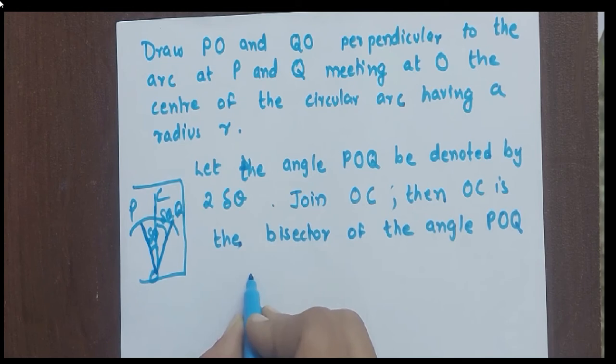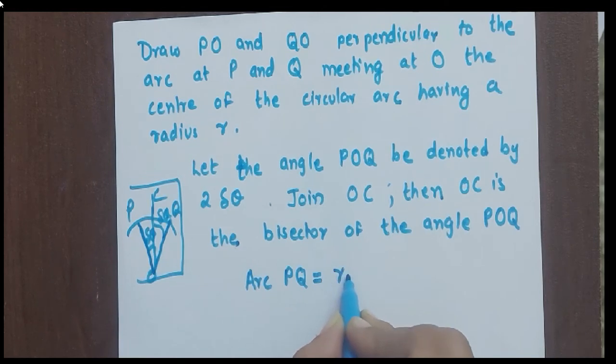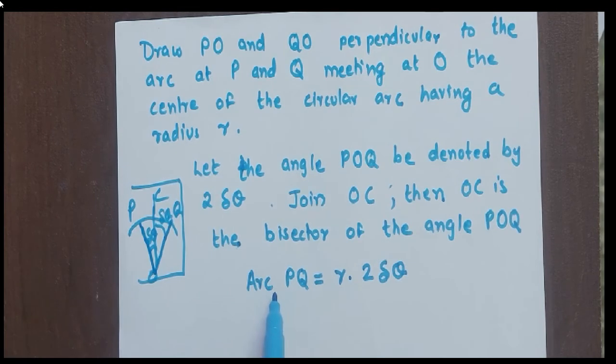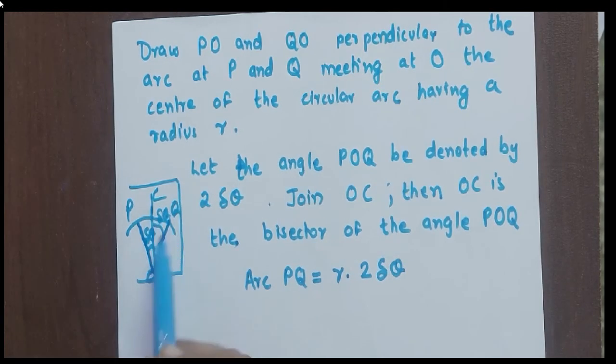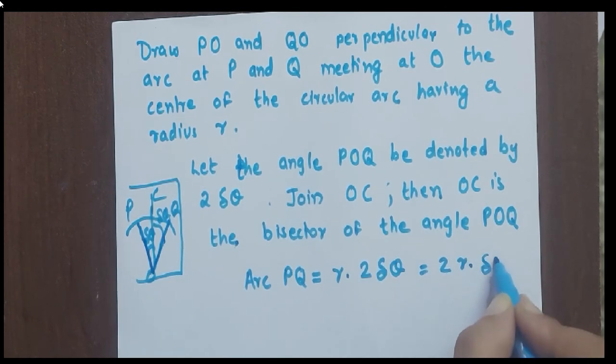Therefore, we already know arc PQ is R into 2 del theta. This is the formula: arc PQ is equal to the angle into the radius, so it is R into 2 del theta. We can write it as 2R del theta.